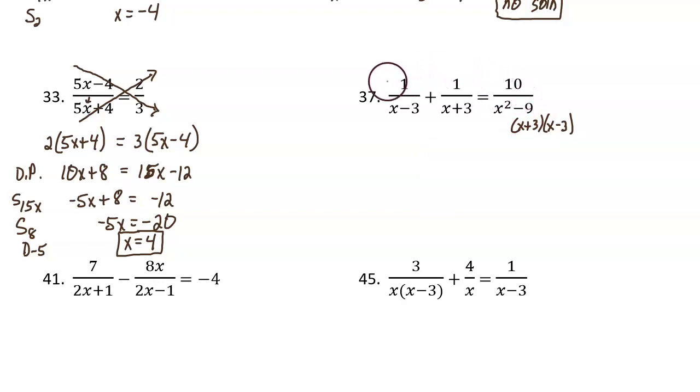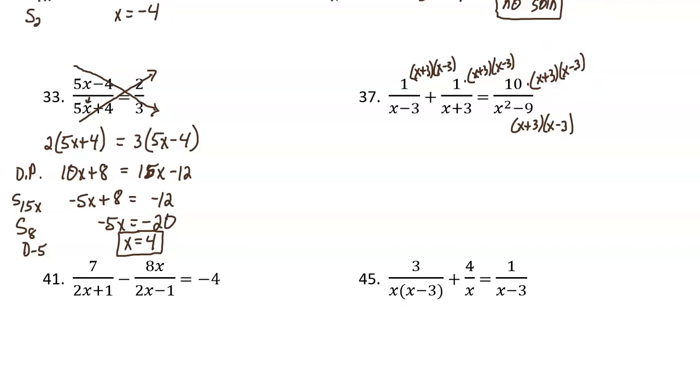All right, let's multiply the first term by x plus 3 times x minus 3. Let's multiply the second term by x plus 3 times x minus 3. And multiply this last one by x plus 3 times x minus 3.